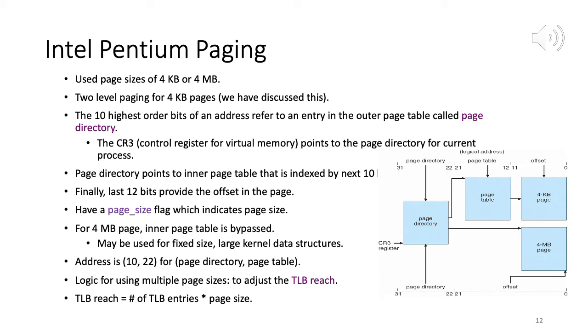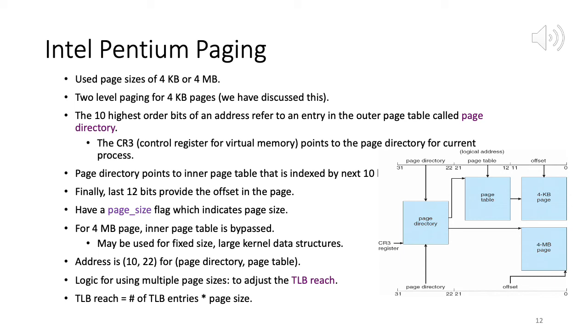Now if you want to use a 4 MB page, the inner page table is bypassed. So which means you have 32 minus 12, 20 bits, and you can do the calculation using 20 bits. You can access 2 raised to 20 or 4 MB of memory. So if your page size is 4K, you're using two-level paging.